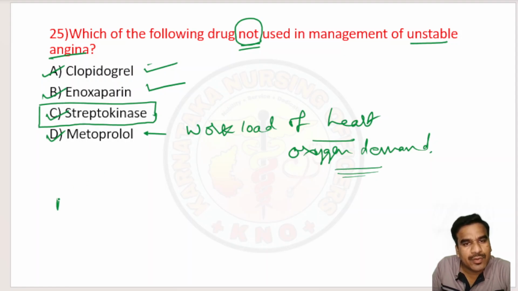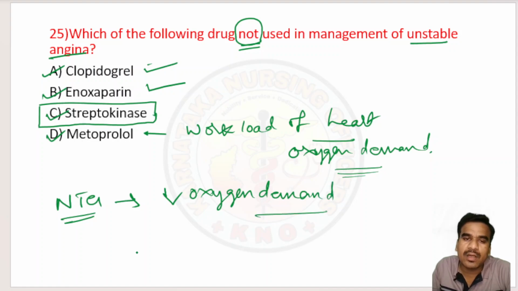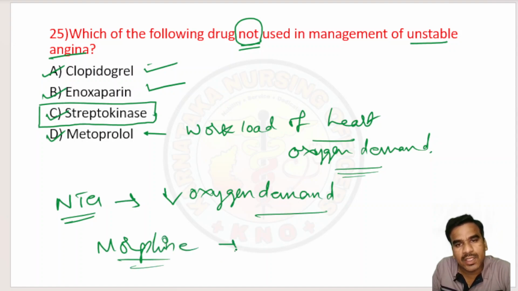And we are using NTG also. NTG decreases the oxygen demand. And we can use morphine also here. We are using morphine because it will reduce the anxiety.